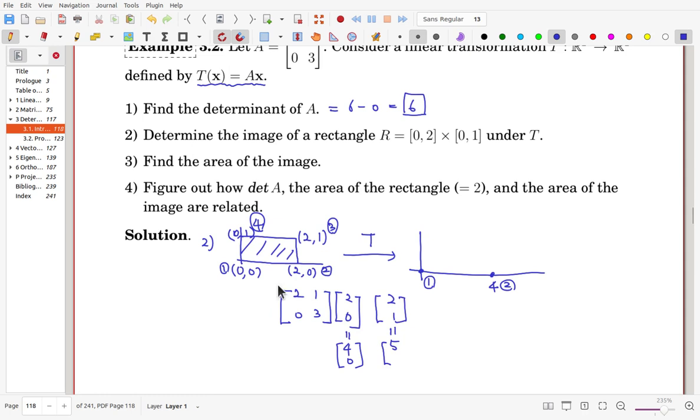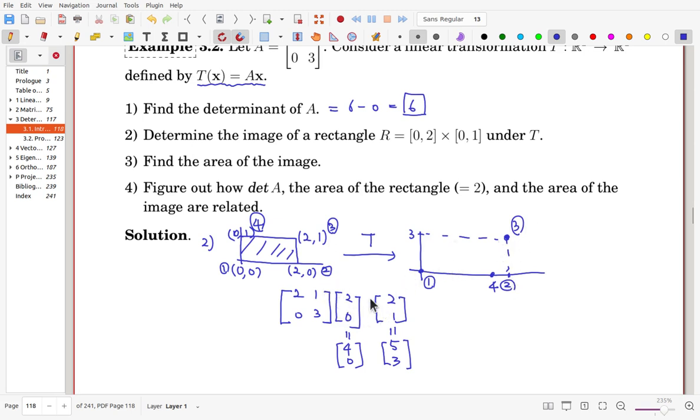And then the second row multiplication will be 3. So 5 and 3, that is 5, and height is 3 here. That point is the image of point number 3.